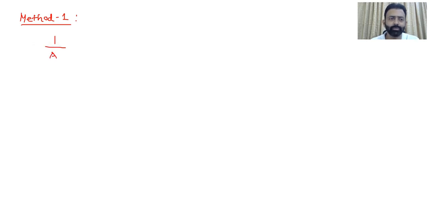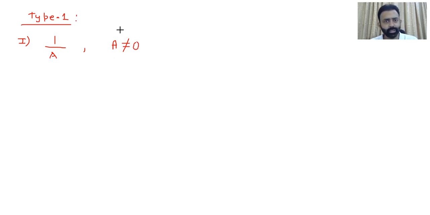There are only two types of function in which you need to find the domain. The first type is the 1 by a type, where a means any kind of algebraic expression. If it is written in the denominator, then this denominator should not be equal to 0.